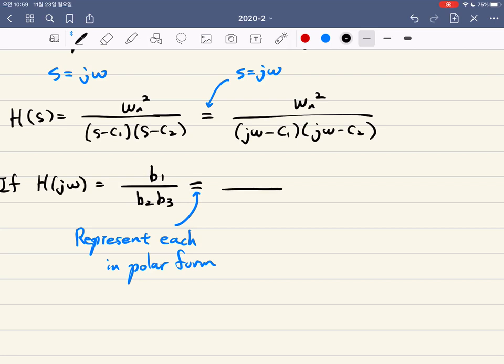If you do that, then it'll be like R as the magnitude and theta as the phase. Then I can express this as R1 times e to the j theta 1, and R2 times e to the j theta 2, and similarly for the third one.